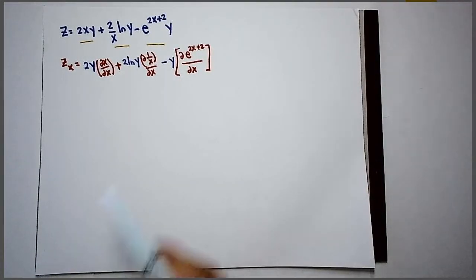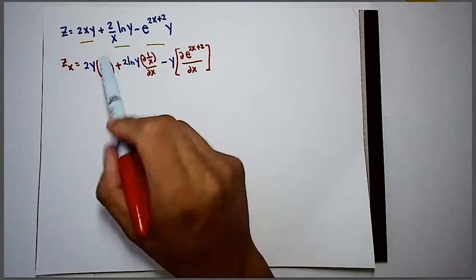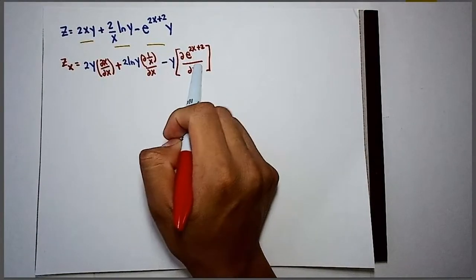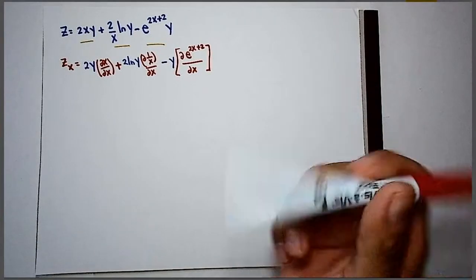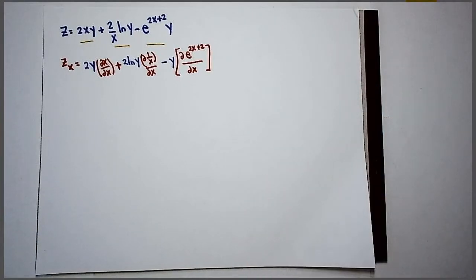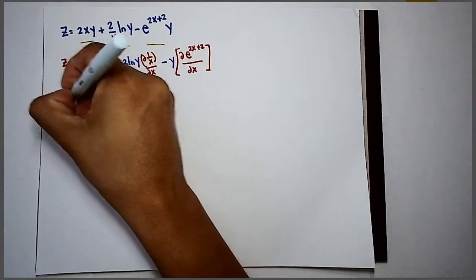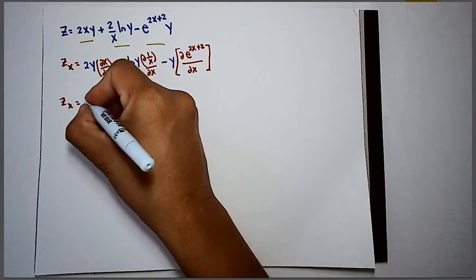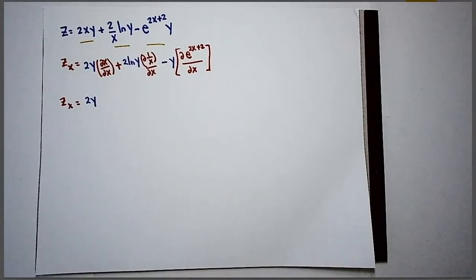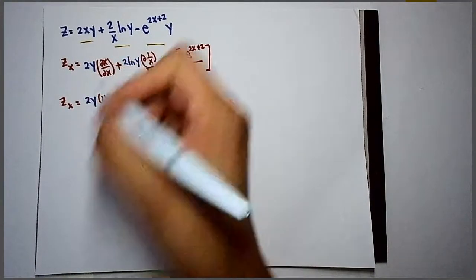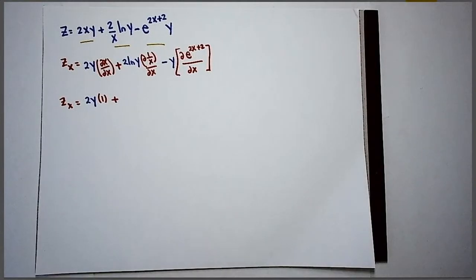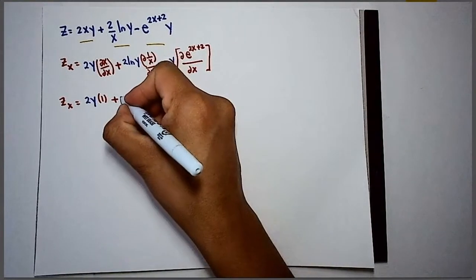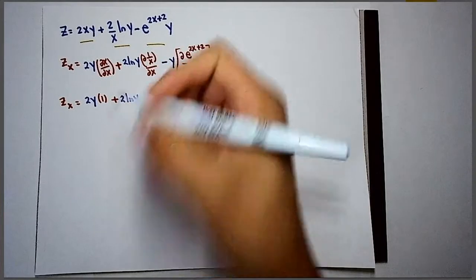As you notice, what I'm doing right now is simply isolating x because it's the variable that we will take the derivative of. So this is 2y times 1 plus 2 log of y.